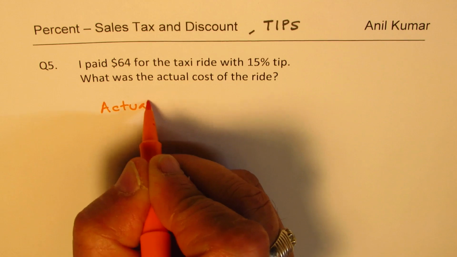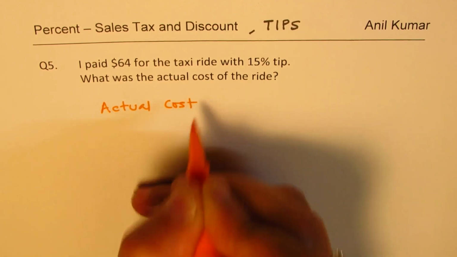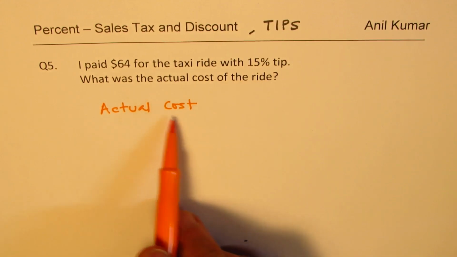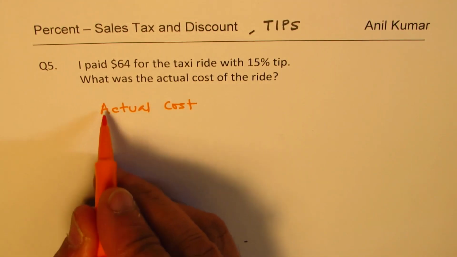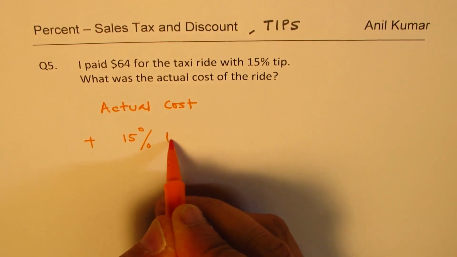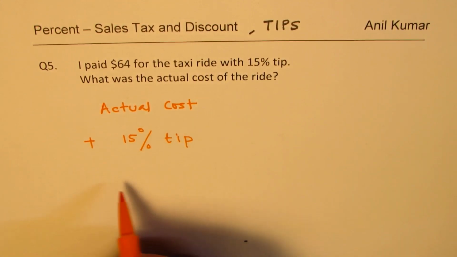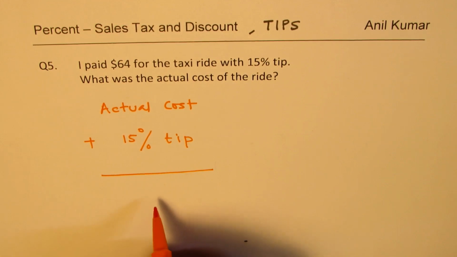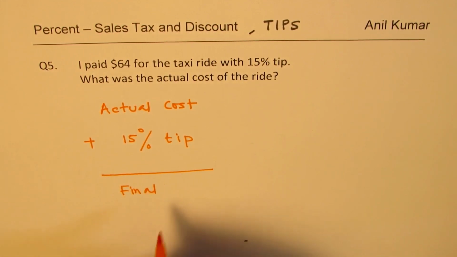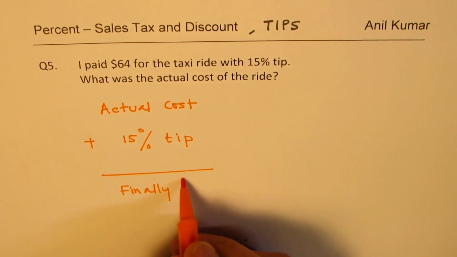So actual cost. Now I am paying 15% tip on this actual cost. So actual cost plus 15% tip. And once you add this up, you get the final payment. Finally paid.